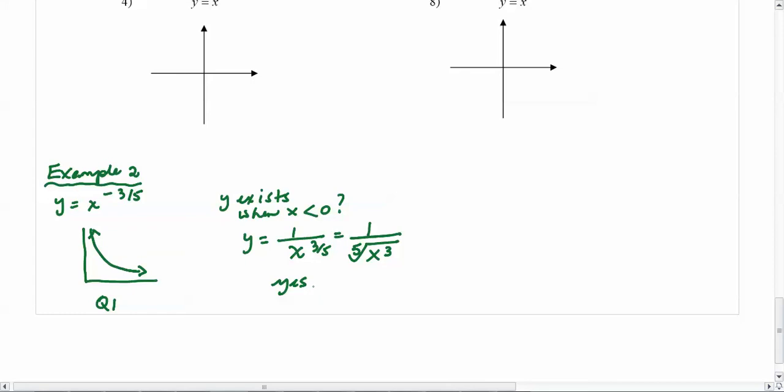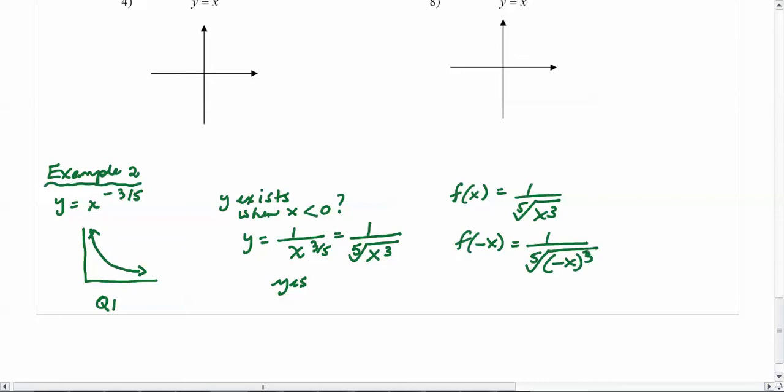Now I need to decide if it is even or odd. Remember, for this, it is now useful to use f of x notation. All right, I know f of x equals 1 over the 5th root of x cubed. What's my output when x is negative x? So I'm going to replace, with parentheses, x by negative x.